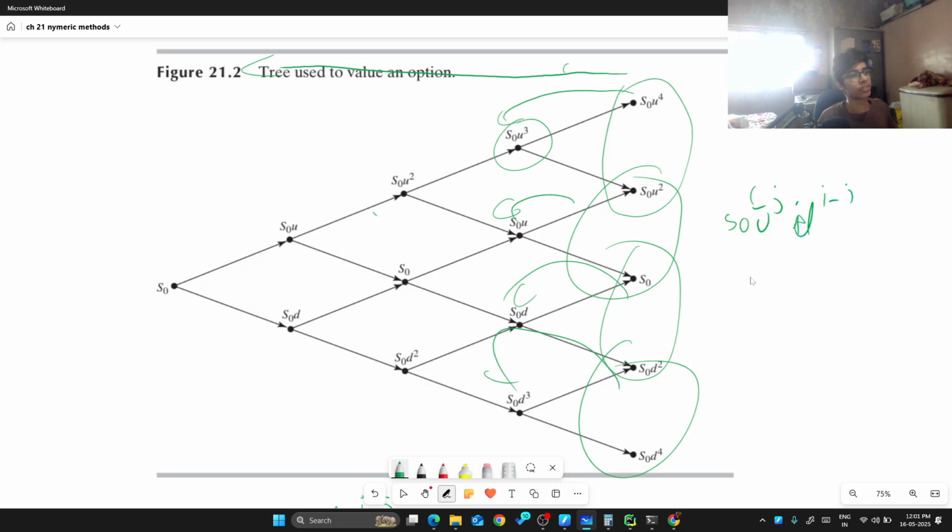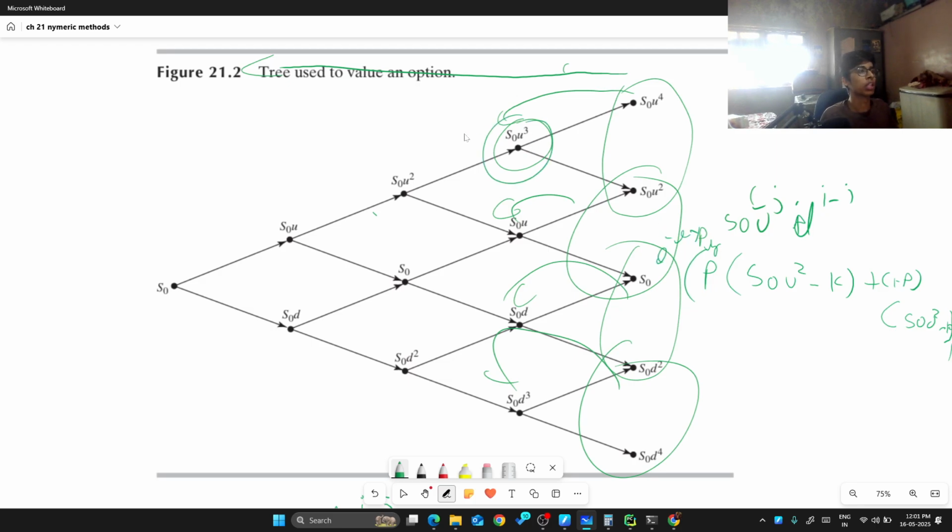So our formula would be simple. We will take this value for S0 u square, the payoff from S0 u square, for a call option S_T minus K, times probability p plus 1 minus p probability of S0 u d minus K, and we discount by e to the minus rT.